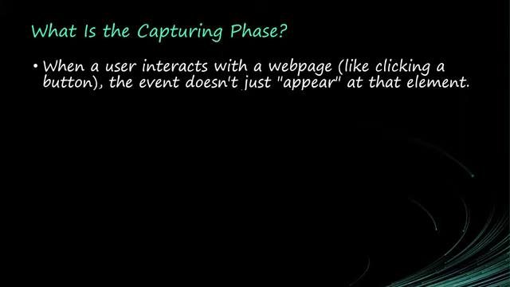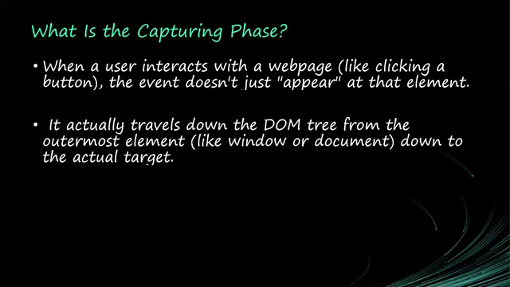When the user clicks the button, the event actually travels down the DOM tree from the outermost element, the window or the document, down to the actual target, and then from the clicked element it goes back again. That one is called bubbling.